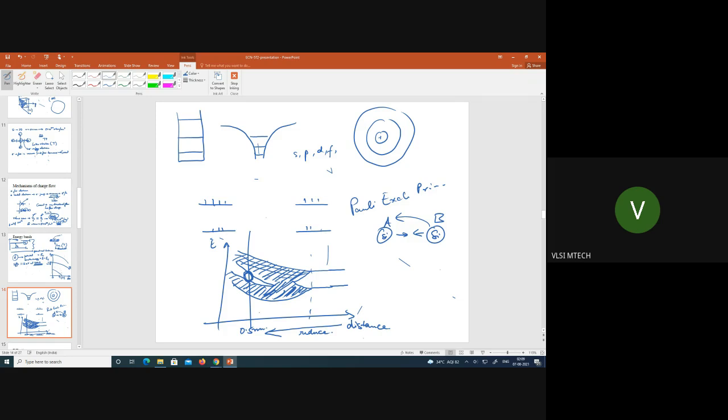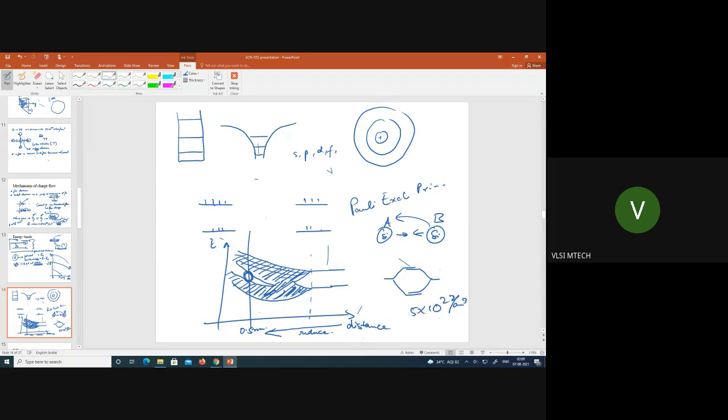Actually, what happens is, if you just have two silicon atoms, these bands will split into these two levels here. But in a silicon crystal, you will have multiple silicon atoms, again 5 into 10 to the power 22 per centimeter cube.